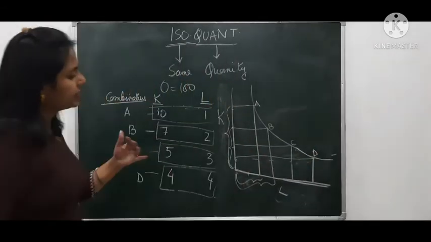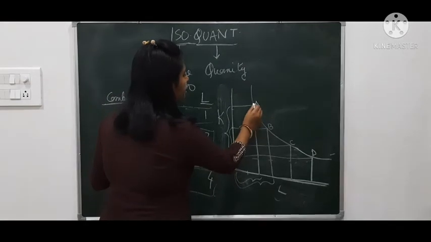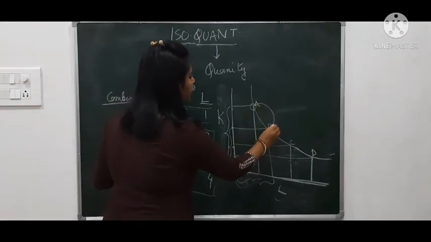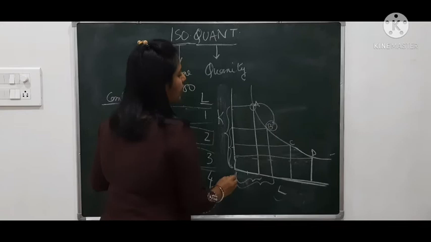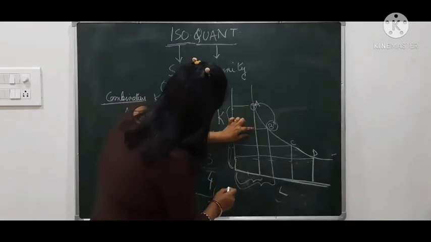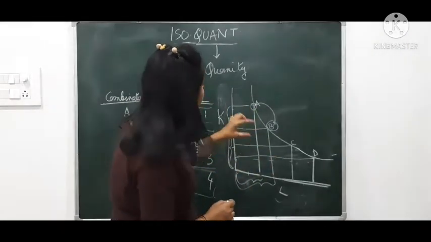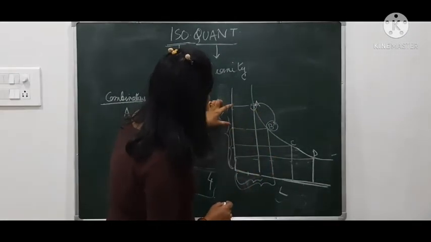What does this mean? If you switch from combination A to combination B, you are reducing capital and increasing labor. Please see what I am showing you with my fingers.